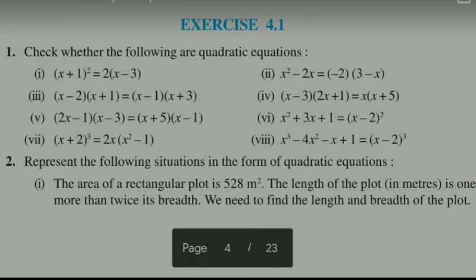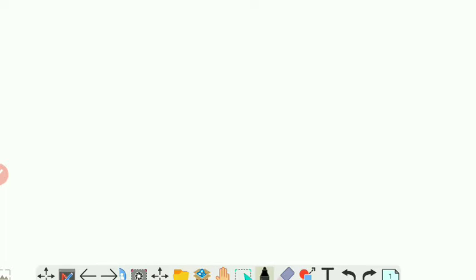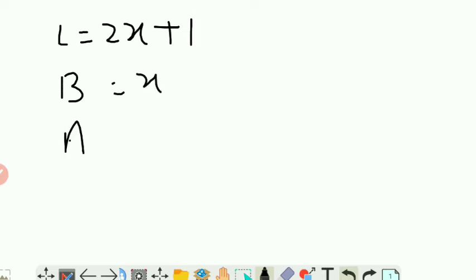Okay. So now we have got the equation for that. That is, length is equal to 2x plus 1 and breadth is equal to x and area is equal to 528 meter square. These things we have noted down from the given question.